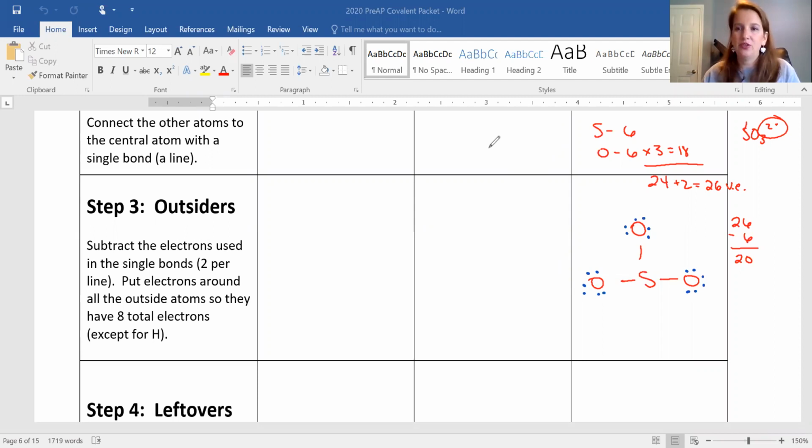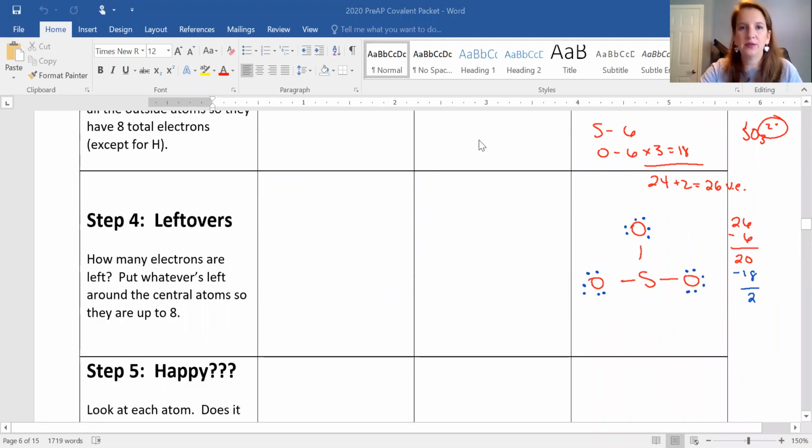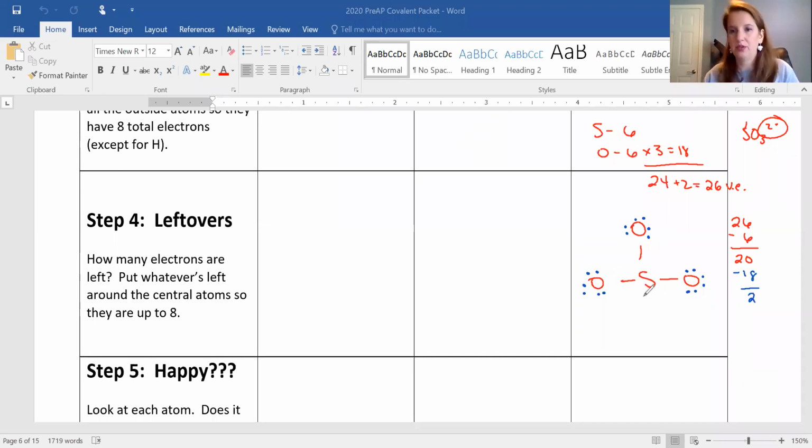So that means we just used 18 electrons. We've got 2 left. So our next step, recreate this for step 4, the leftovers. Our next step means that we are going to put the leftovers on our central atom. So we'll put 2 dots on our central atom because we had 2 left over.